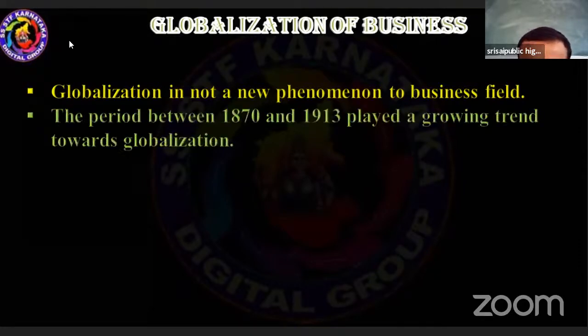The period between 1817 and 1913 saw a growing trend towards globalization. During this period, globalization emerged, and a few countries started to introduce their goods in other countries. They focused on globalization to create job opportunities or to send our goods abroad.